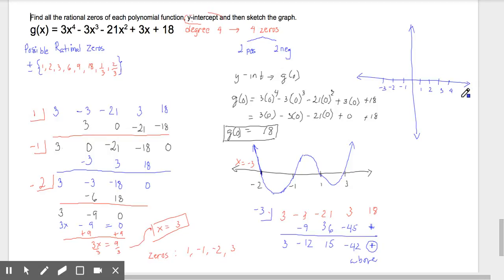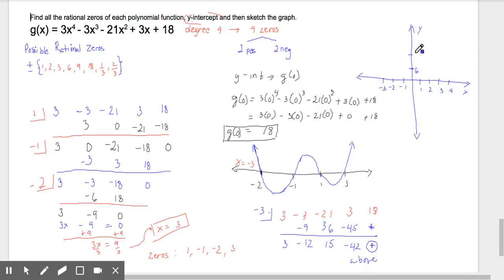But so for the x, we're counting by ones, but for the y's, let's count by, say, 6.